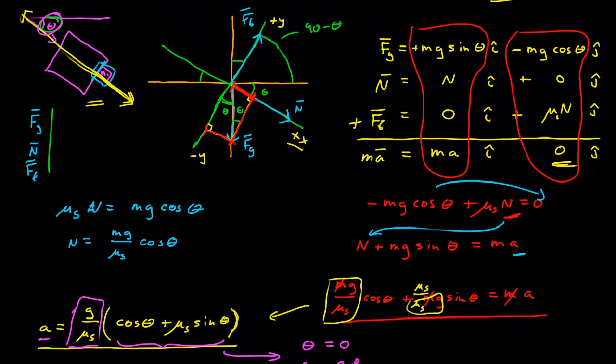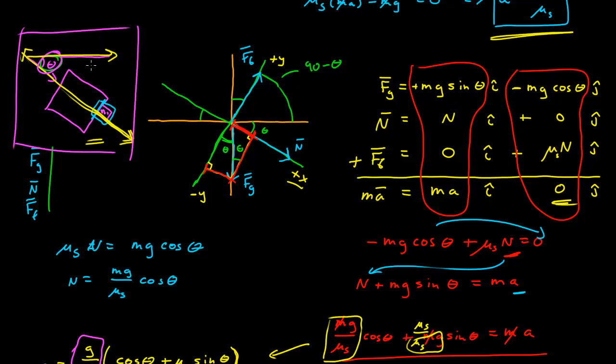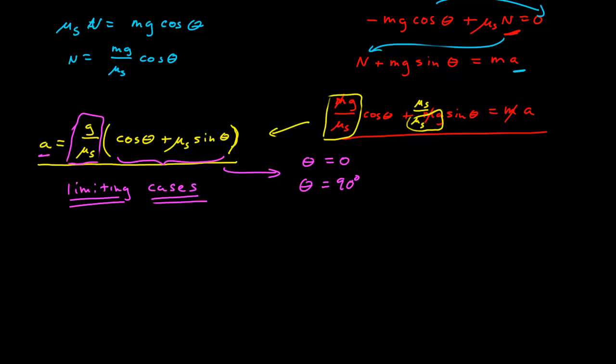Why does that matter? Because I've never forgotten my original system. A very good visualization. I understood what was going on with this picture. And the limiting cases are when theta equals 0, when it's perfectly horizontal, and theta is equal to 90 when it's going straight down. So what does this result give me in those limiting cases?